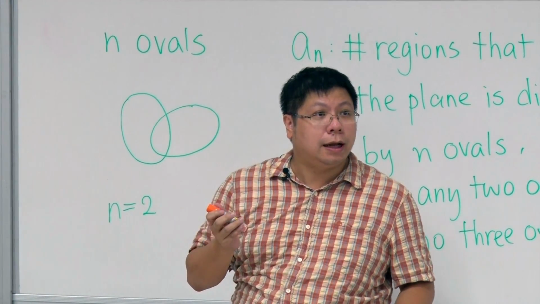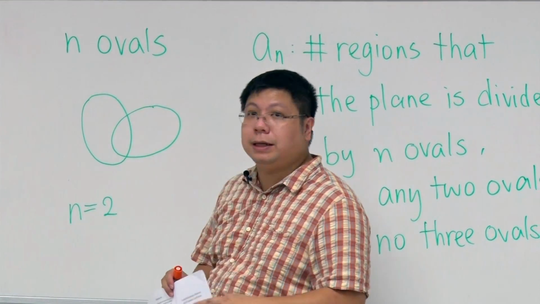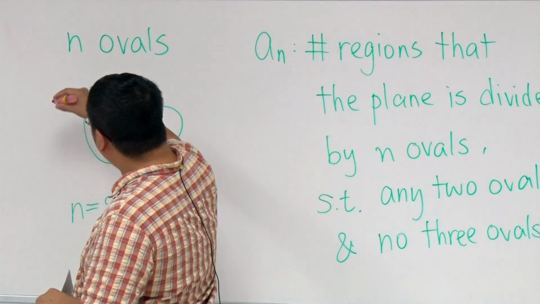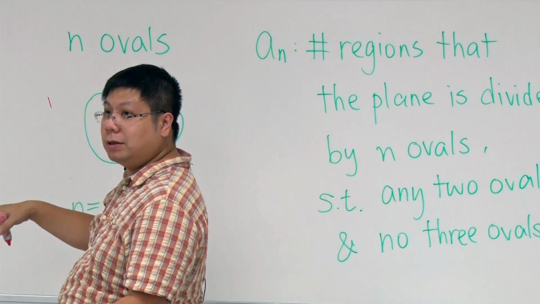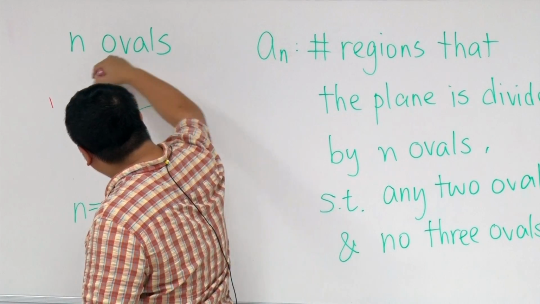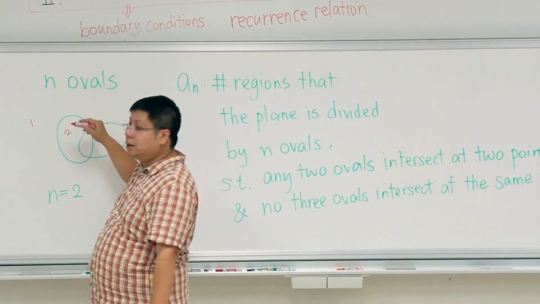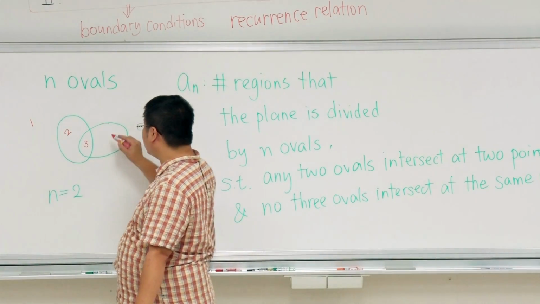And then we are interested in how many regions the plane is divided into. We have region 1, which is the outer region, region 2, which is this part, region 3, which is this part, and region 4.